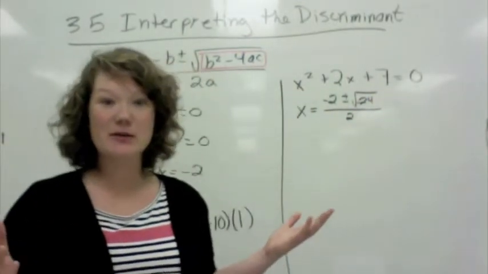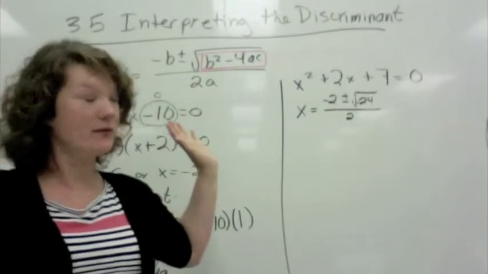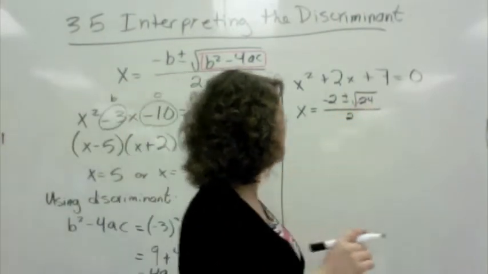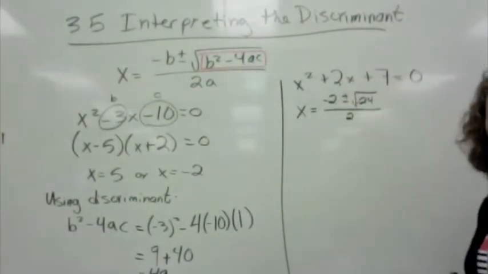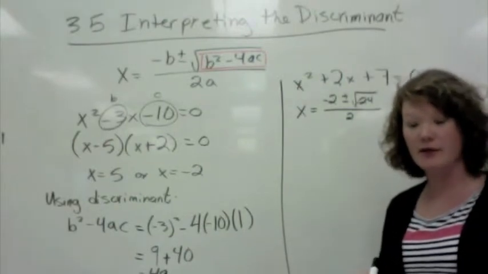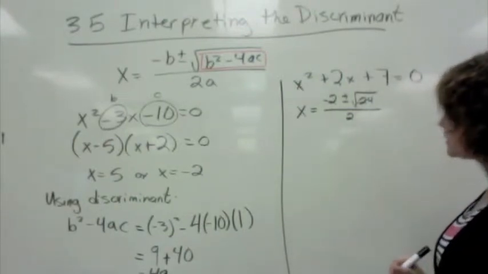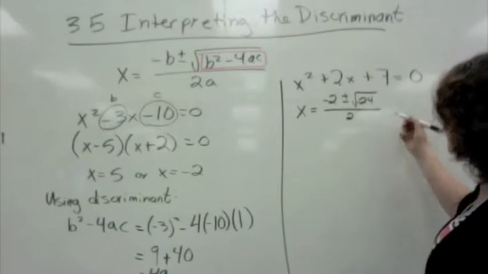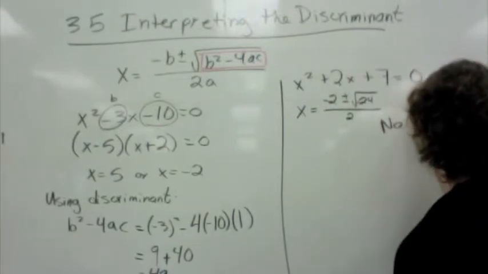What we did here is we said, whoa, stop. This has no real roots because we can never take the square root of negative 24. So we said no real roots.